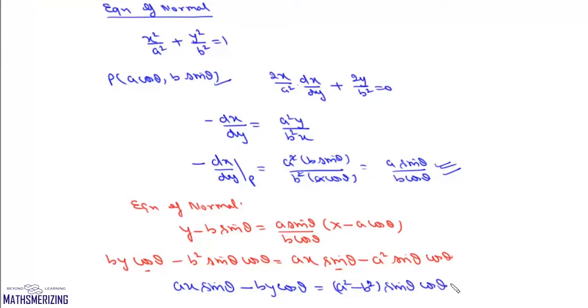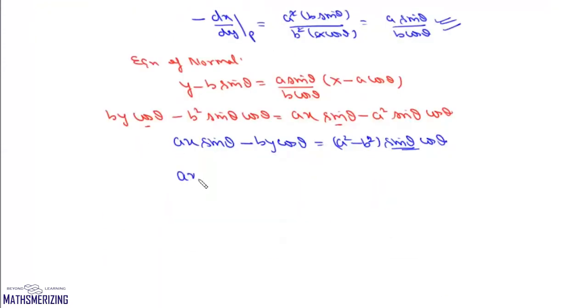Now what we'll also do is we'll divide everything with sin theta into cos theta. Then we can write this equation as ax secant theta minus by cosec theta, and it will be equal to a square minus b square, and that is the equation to the normal.